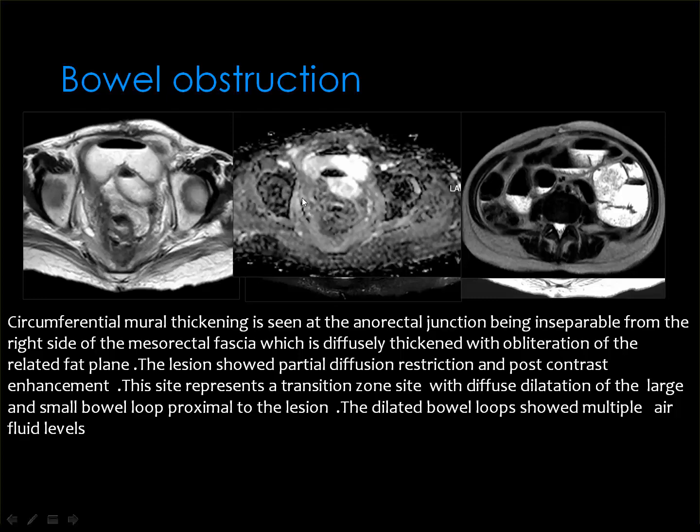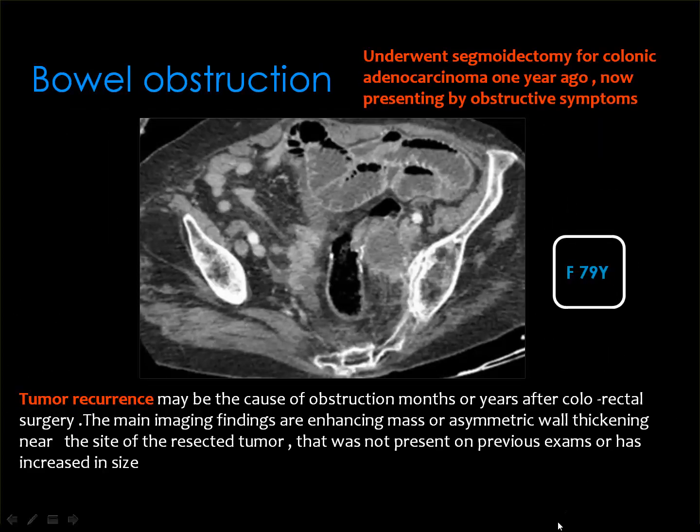This is the ADC map showing some restriction of diffusion, and here you got the scan in the upper abdomen showed the markedly dilated bowel loops with multiple air fluid levels.